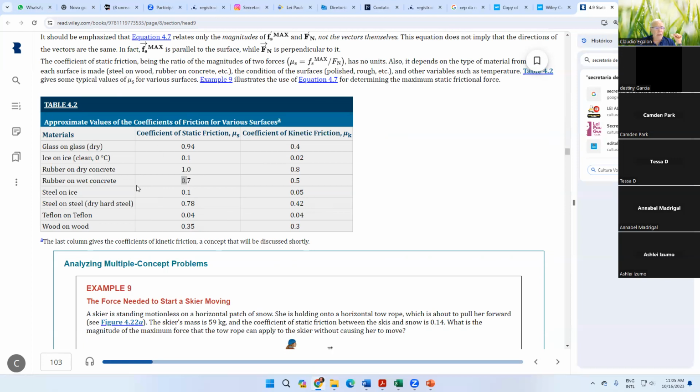Those are different values that we can measure in the laboratory. Note, see the Teflon. Teflon is that plastic film that's in your frying pan, okay? Teflon has this interesting property. It has very little friction.